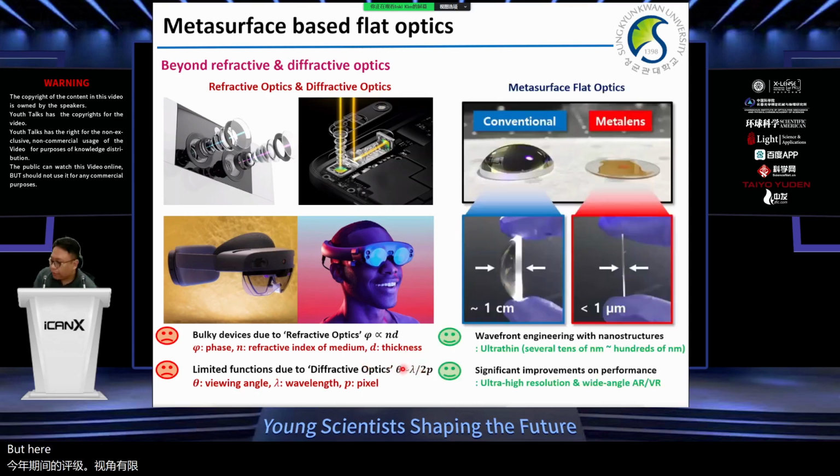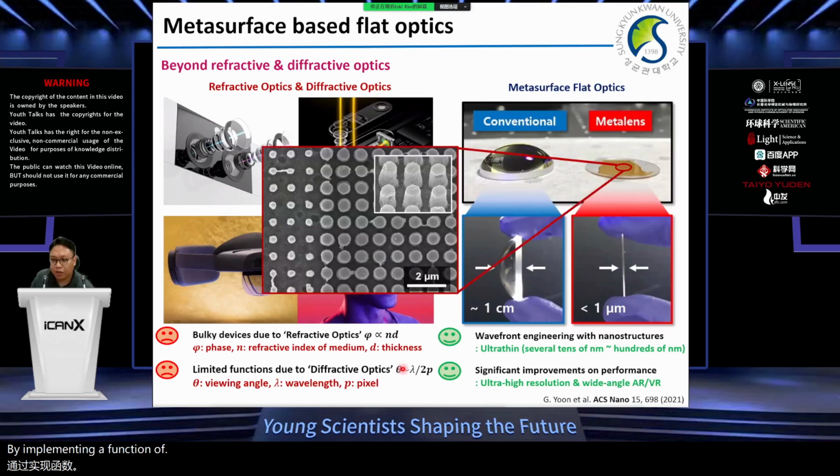But the metasurface-based flat optics can overcome those drawbacks. By implementing functional nanostructures, we can not only shrink the device volume, but also enhance the device performance, like image resolution or viewing angle of AR displays and so on.